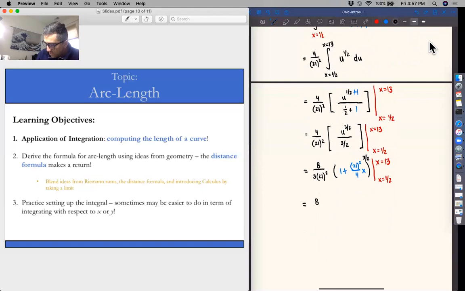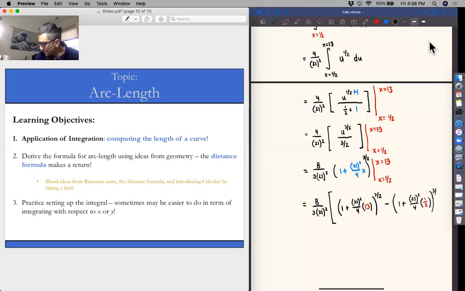All right, so that coefficient out in front will multiply both of these terms. Plugging in the top bound first, we have 1 plus 21 squared over 4, all times 13. And again, this thing is being raised to the 3/2 minus, plugging in the lower bound, 1 plus 21 squared over 4, evaluated at 1/2.